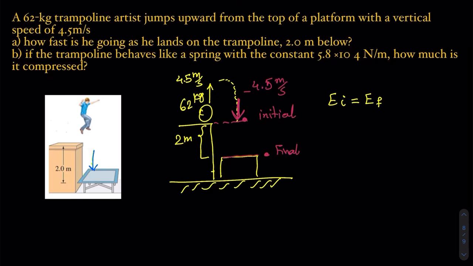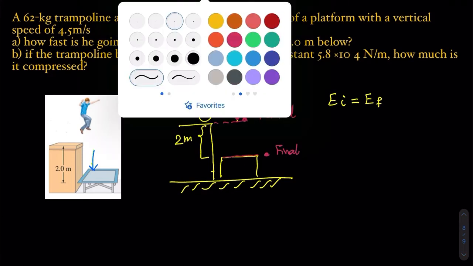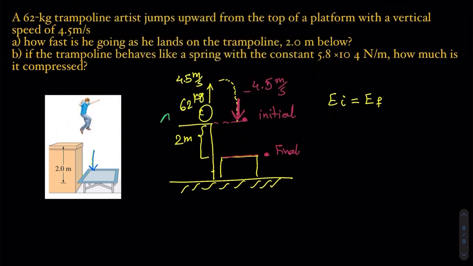So let's calculate the initial mechanical energy. What kinds of energy does this person have when it reaches the initial point? At this point, this person has velocity, therefore it has kinetic energy. And also, since we have set our reference frame here, this point is 0.